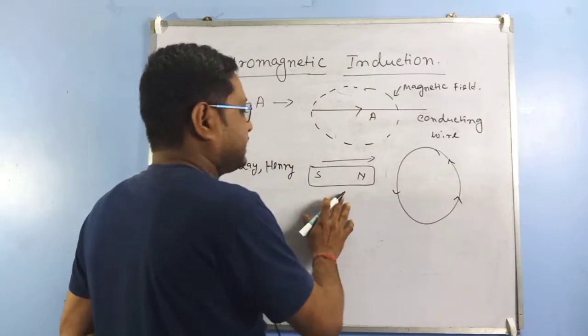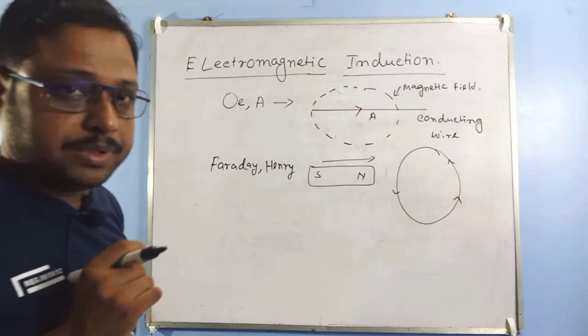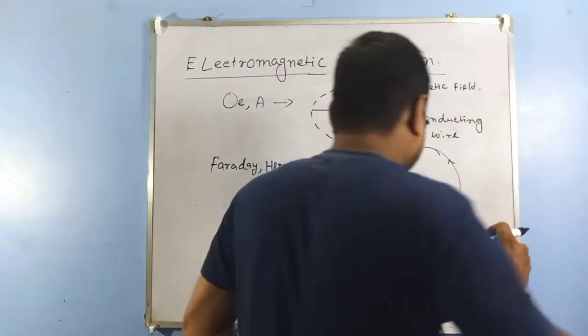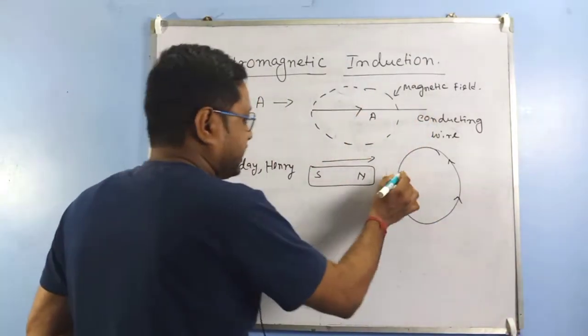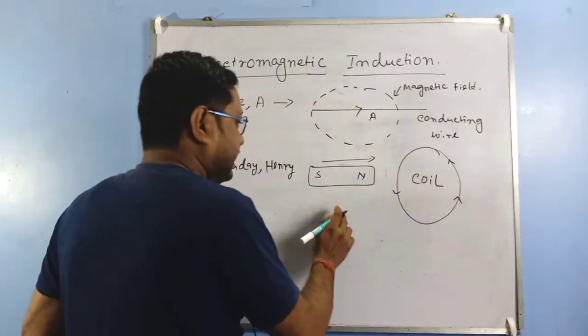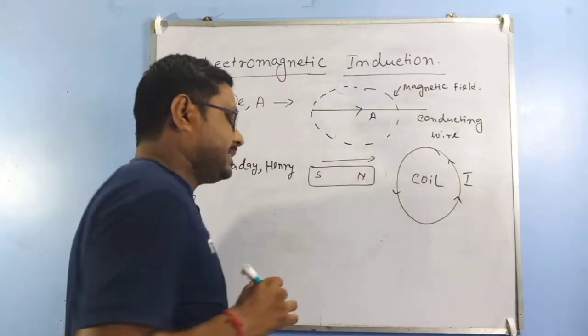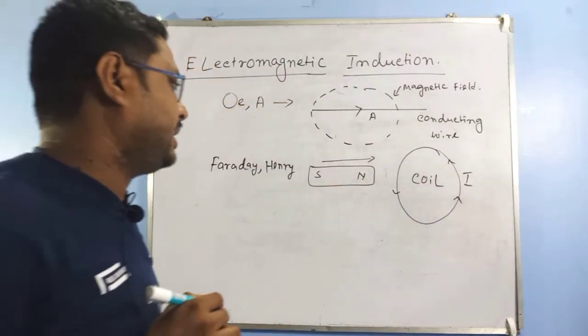That is, when there is a relative motion, I emphasize the word relative, not just motion, between the coil and magnet, then a current is induced in this coil. This is known as electromagnetic induction.